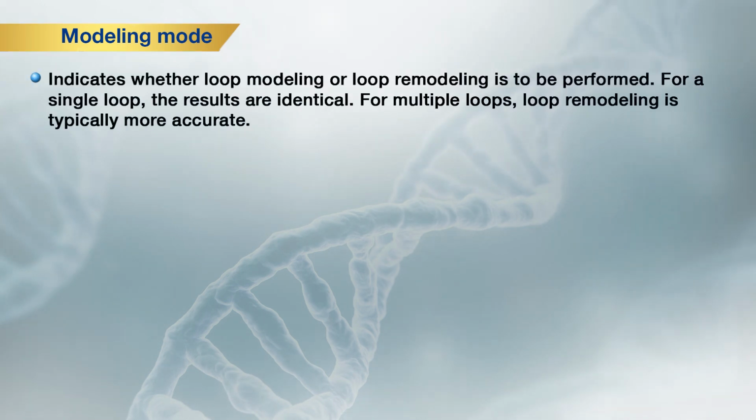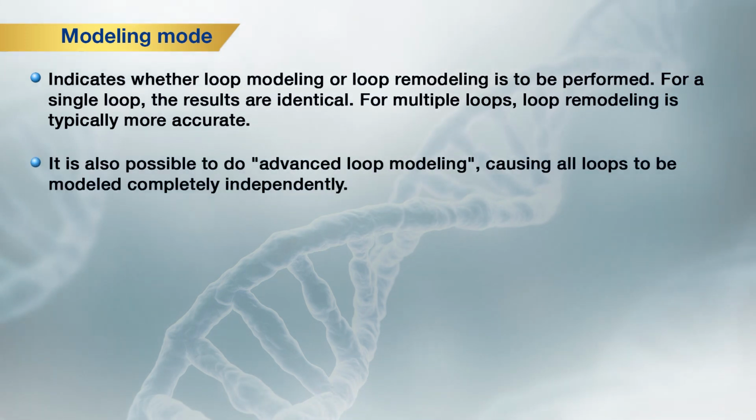This indicates whether loop modeling or loop remodeling is to be performed. So, we can click on loop modeling, or if we want to refine, we can go for loop remodeling. For a single loop, the results are identical, but for multiple loops, loop remodeling is typically more accurate.